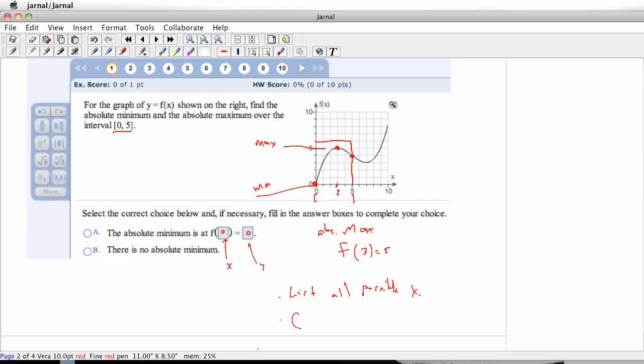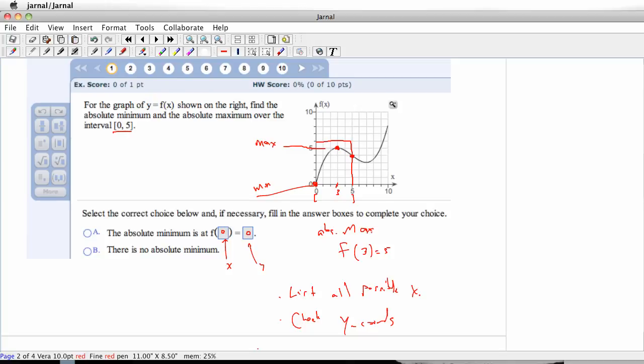Then you're literally just going to check the y-coordinate for each of them. If you have a list of all possible places that the extreme value could occur, and you check the y-coordinates for each one, then the biggest of those y-coordinates is your absolute max, and the smallest is your absolute min. So it's easy when you're looking at a graph.